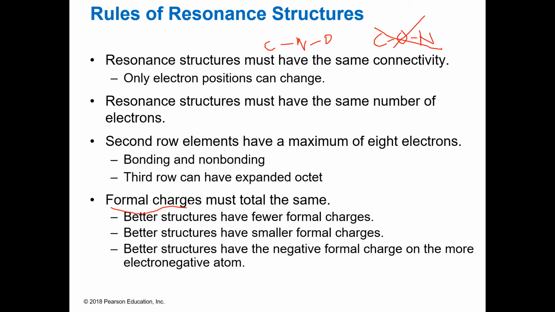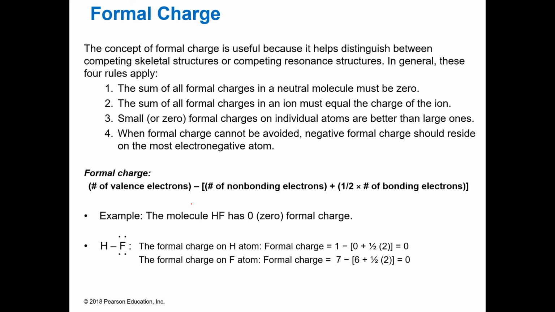So let's talk about formal charge. Formal charge is a way of looking at valence electrons, bonding electrons and non-bonding electrons, and it gives us an idea in order to distinguish which of our competing structures is better. In general, here are the rules.